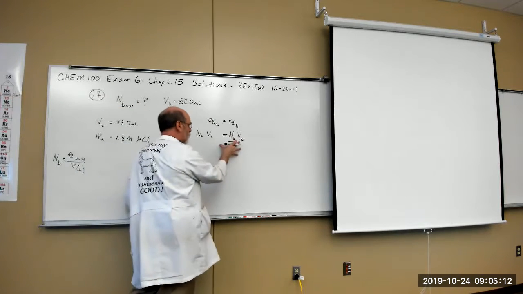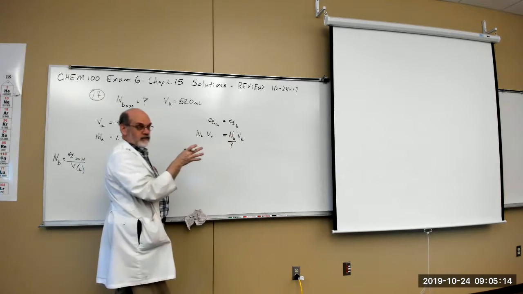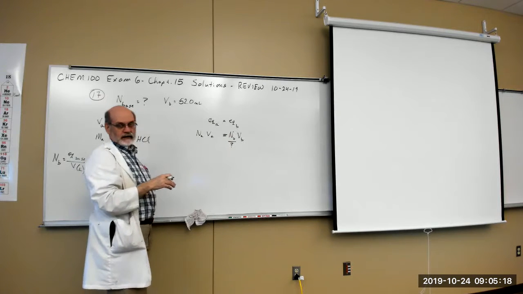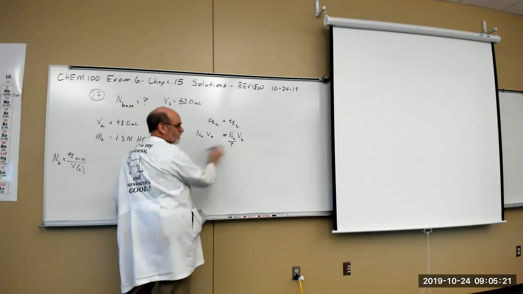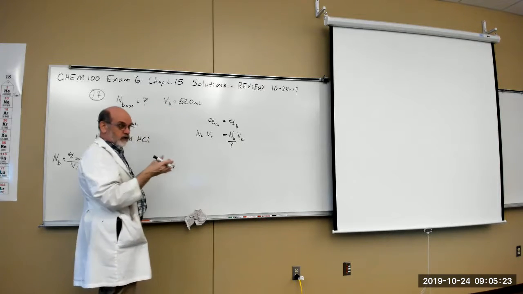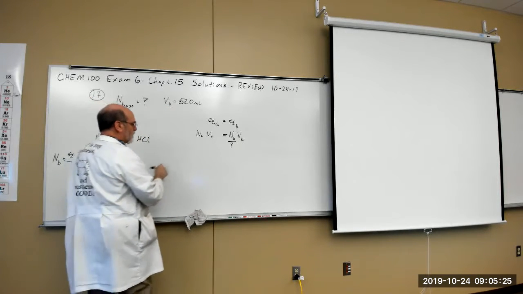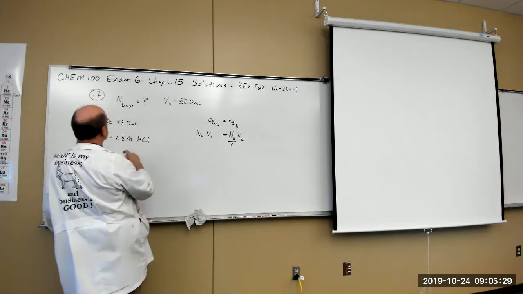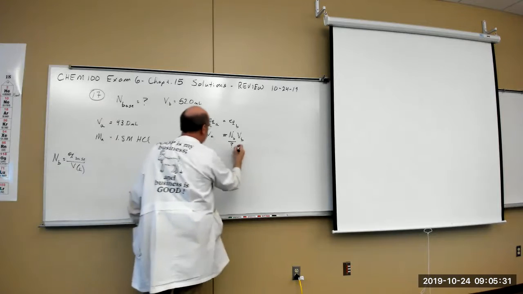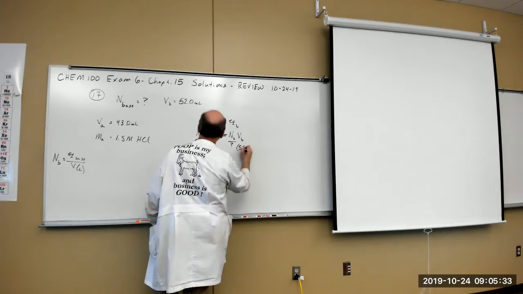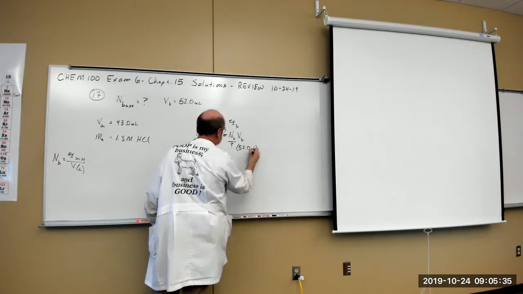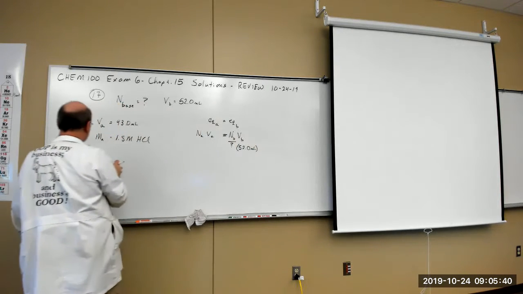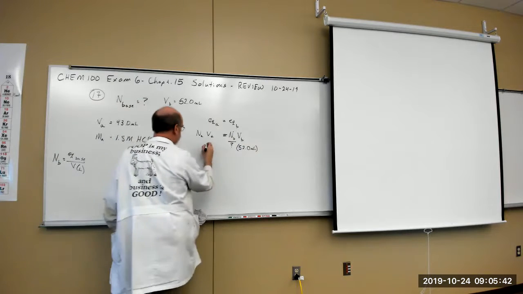But for this ratio, it's like that other ratio, M1V1 equals M2V2. The volume doesn't have to be in liters because they're going to cancel anyway, right? They're equivalent units. So let's see, do we have the information we need? Volume of the base, yeah, we have that, 52.0 milliliters. And we've got that side covered. How about this side? Volume of the acid, 93 milliliters.